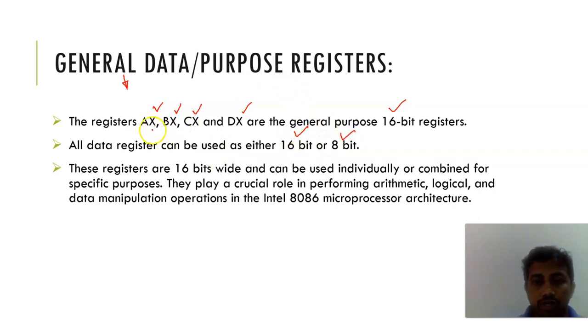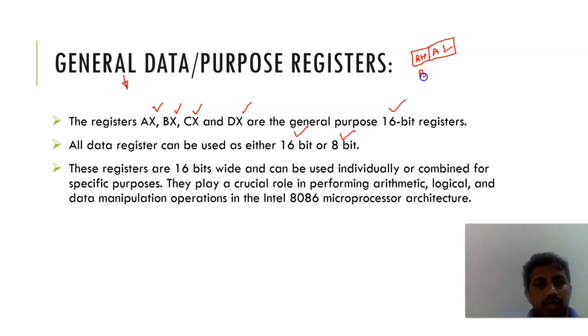When you are using them as 8-bit registers, you won't take it as AX, but we'll name it as either AH or AL. So AX register would be split into 2 8-bit parts, AL or AH.